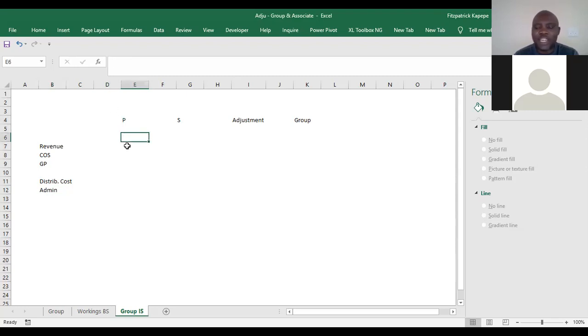Revenue for the parent company, how much was it? 1645. For the subsidiary, 480.